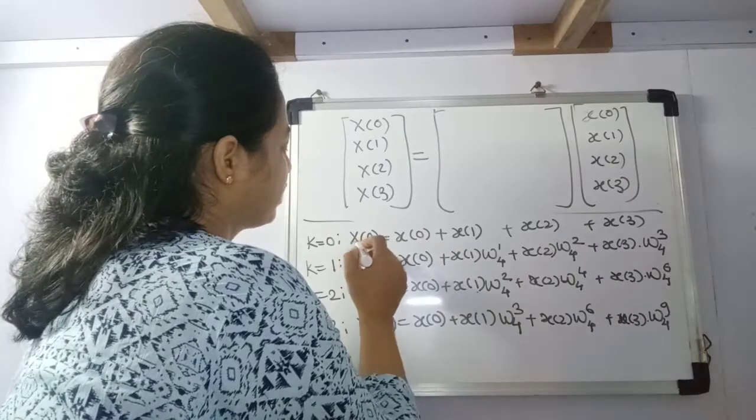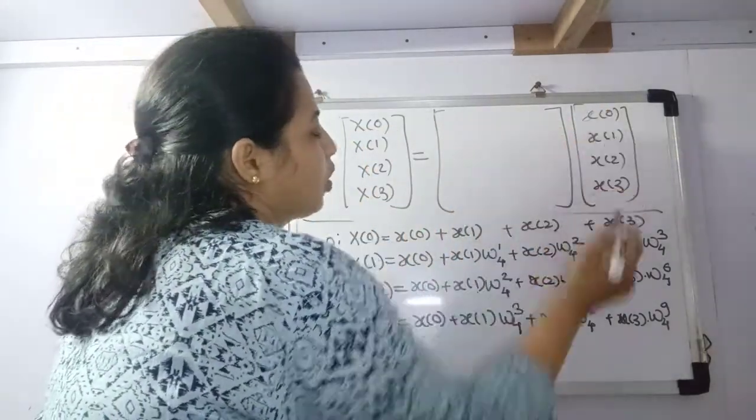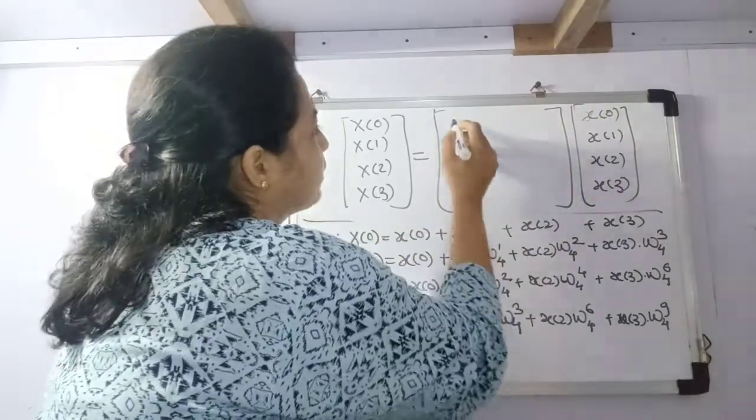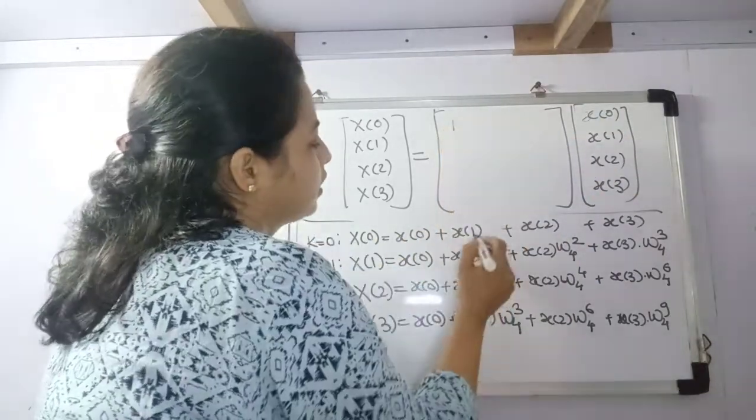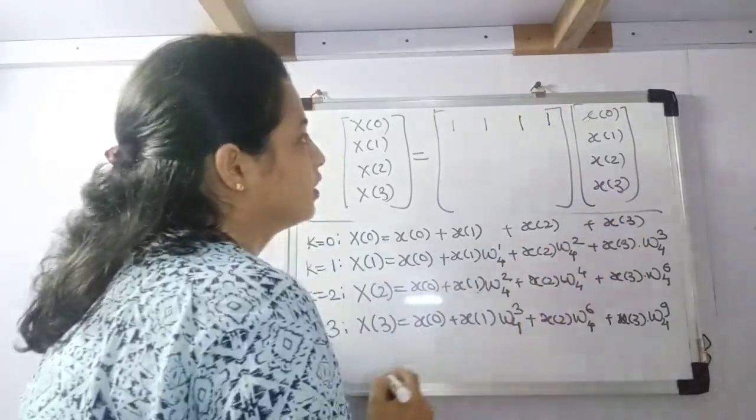For getting X of 0, you write the first row multiplied by this column. So x of 0 is multiplied by the first element, 1, again 1, again 1, and again 1.